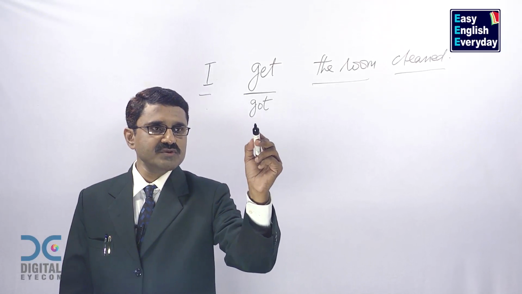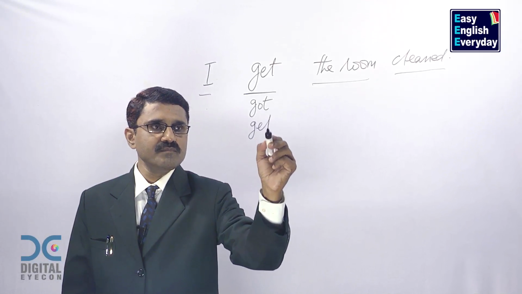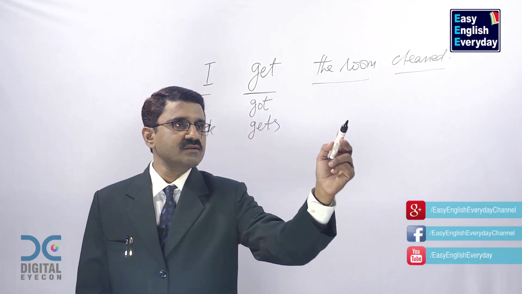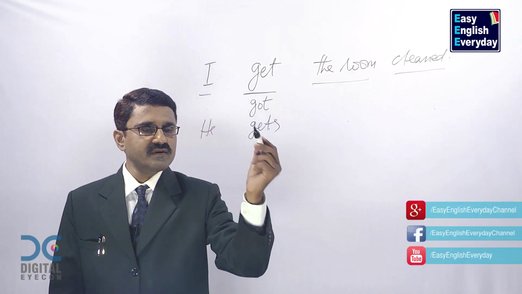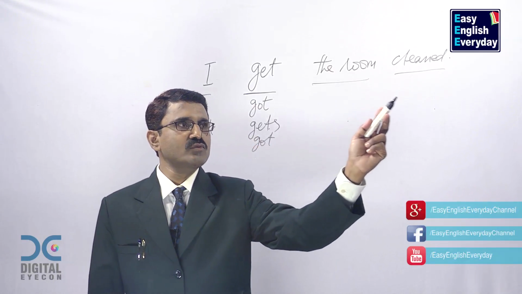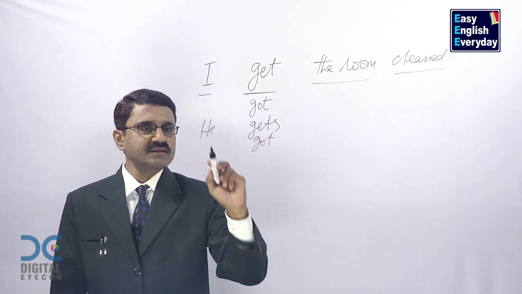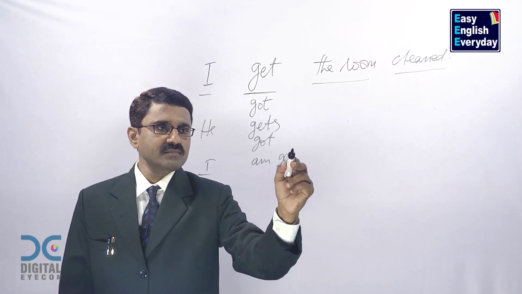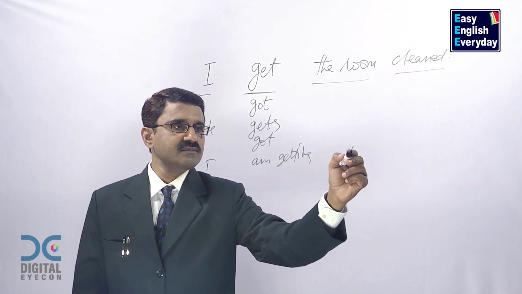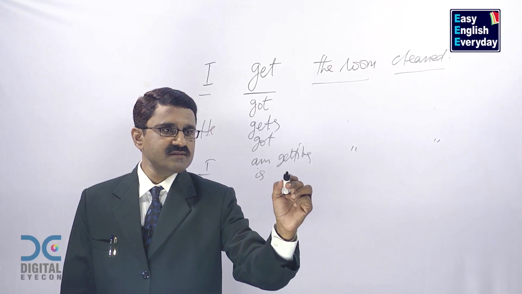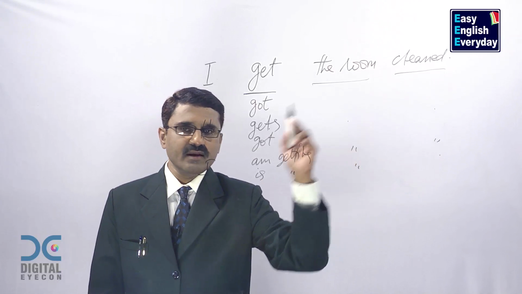If it is to be used for third person singular, then fine, you say he gets the room cleaned. If it is past tense, he got the room cleaned. Continuous tense. I am getting the room cleaned, or he is getting the room cleaned.